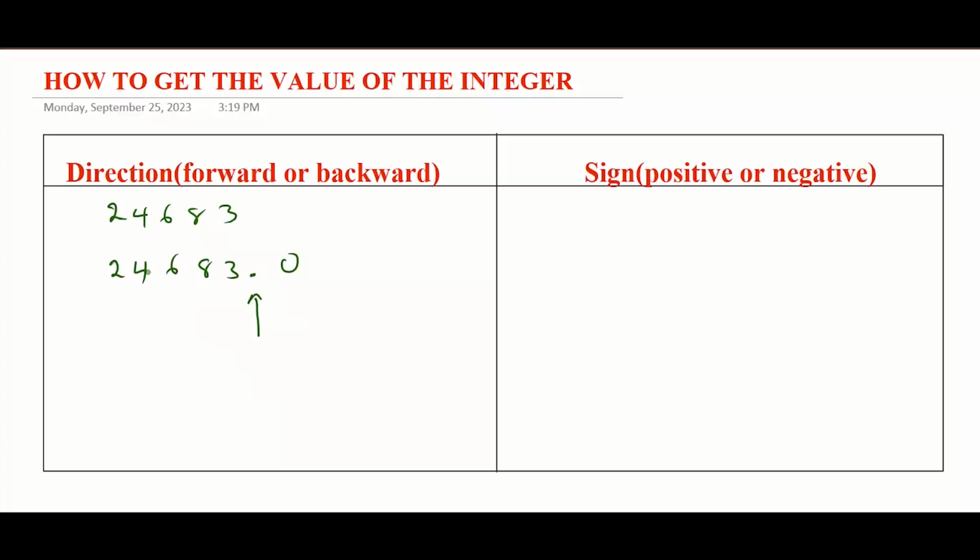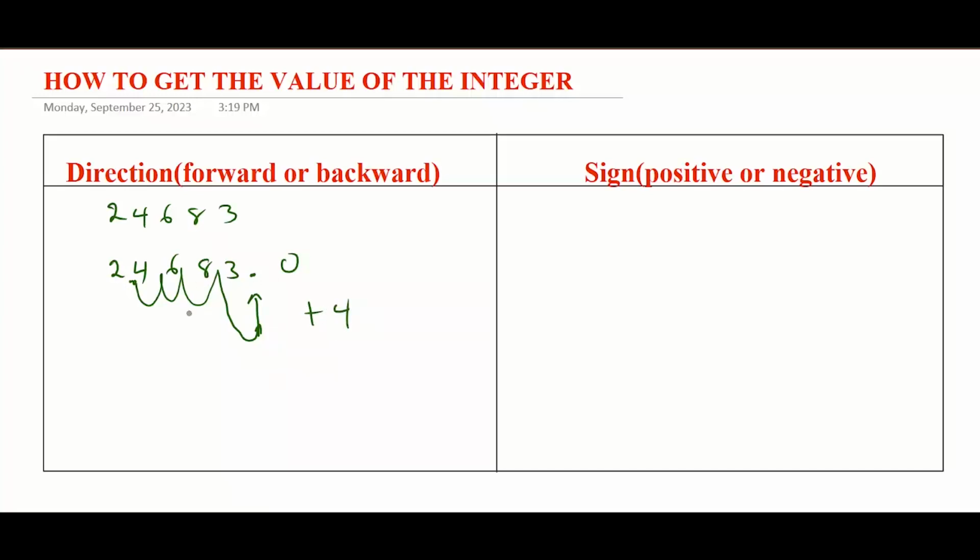So the right position will be here. So that will give me 2.4683. And obviously, I have to count towards this direction. That means I'll have 1, 2, 3, and 4. So in this case, the value of the integer, which is n, is positive 4.